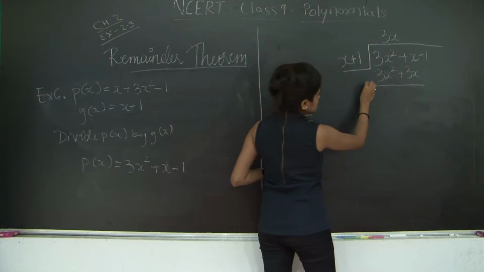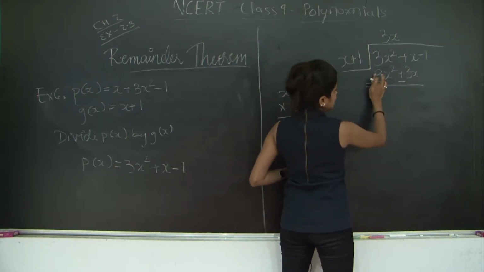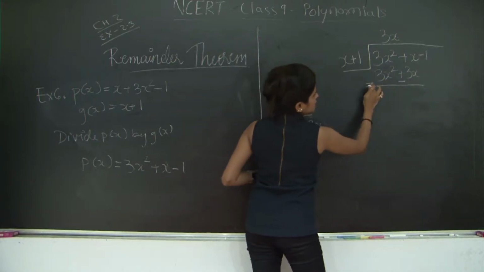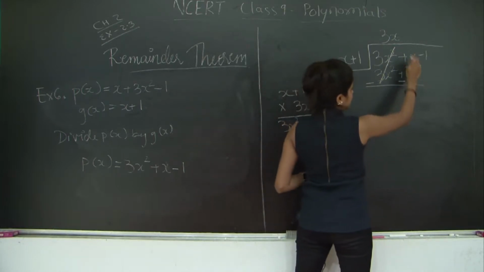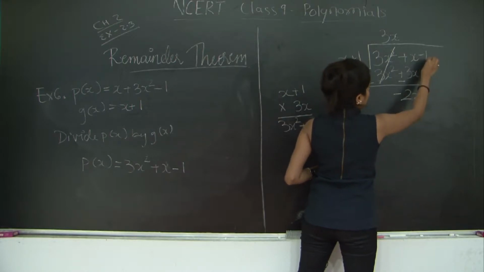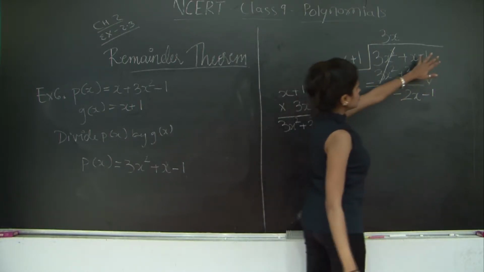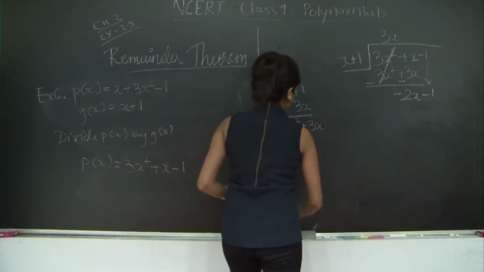So when you subtract, this becomes negative and this becomes negative. Because it's positive and the sign was positive over here, when you negate it, this becomes negative. So this entire term cancels. Now −3x + x gives me −2x and I will bring down −1. Note that I am bringing down the sign also, okay.